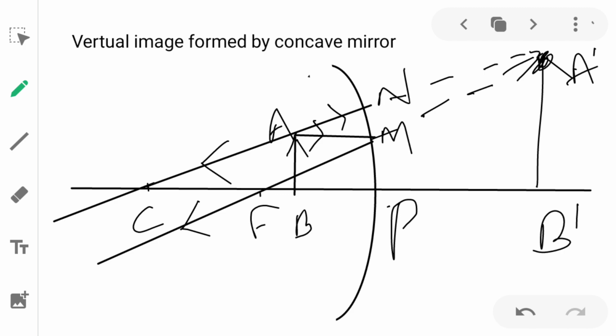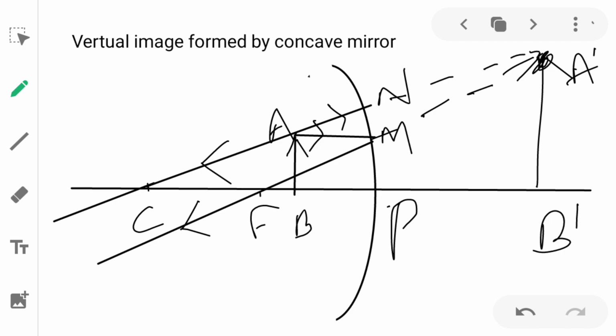It is not formed due to the actual meeting of the rays. You can say it is virtual. Look at the size of the image compared to the object. It is of larger size than the object. Then you can say the image is magnified. So collectively you can say the image is erect, virtual and magnified.